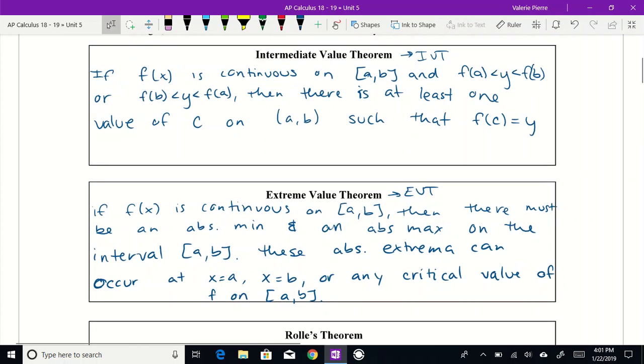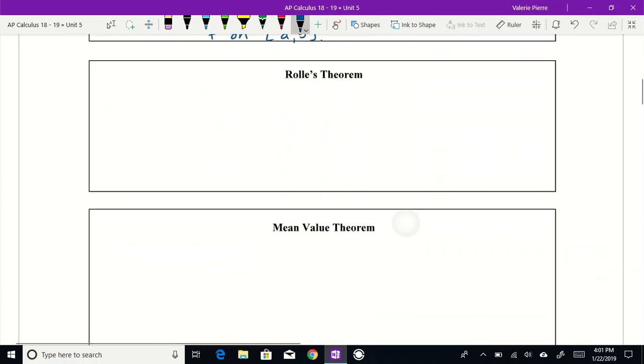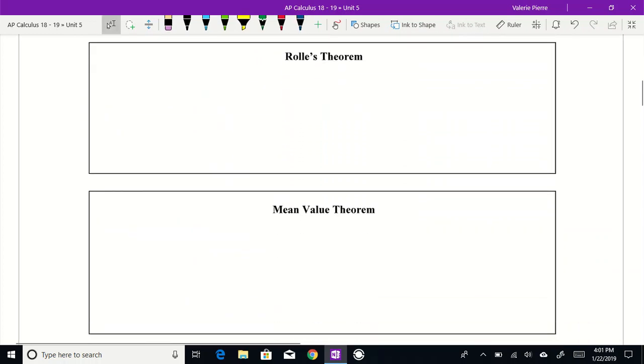Okay, so IVT and EVT only deal with continuity, really, right? So if the function is continuous, then these things hold true. Rolle's theorem and mean value theorem need a little bit more than just continuity to prove them.